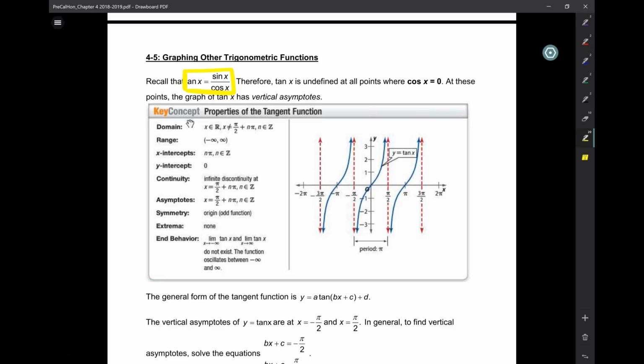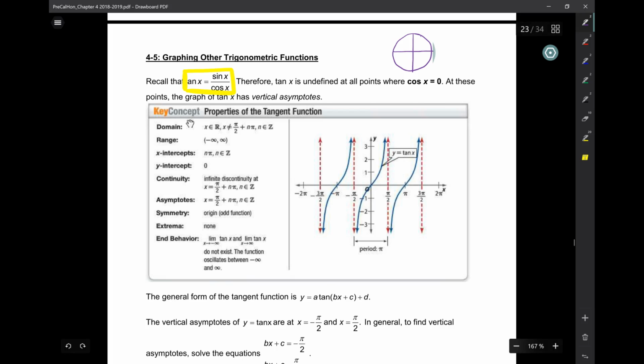All right. So let's think about the tangent. We just said that it was sine x over cosine x. And if we look on the unit circle, remember on the unit circle, cosine is always the x coordinate.